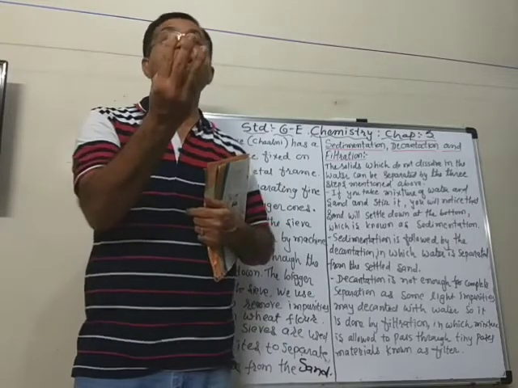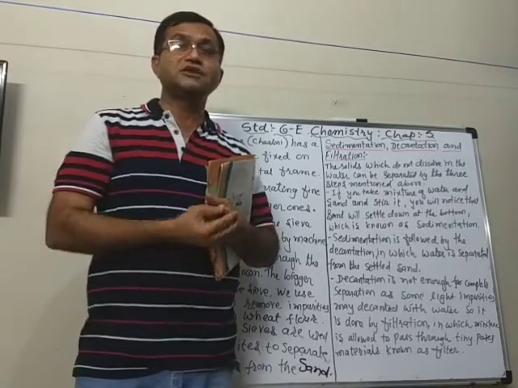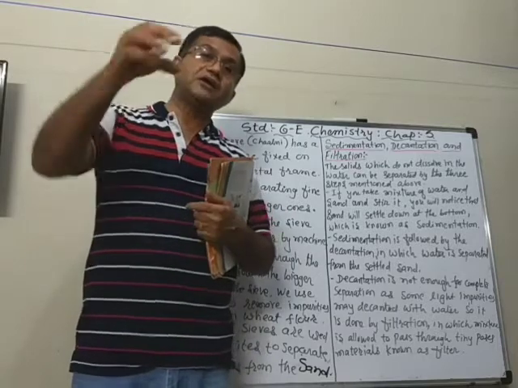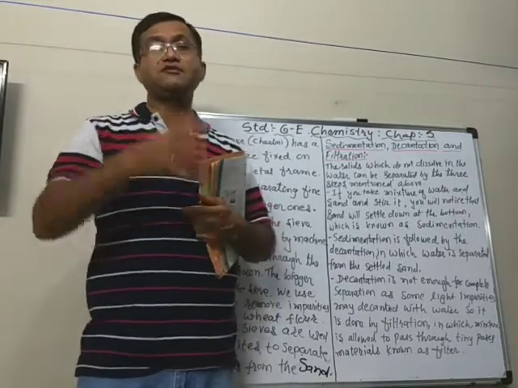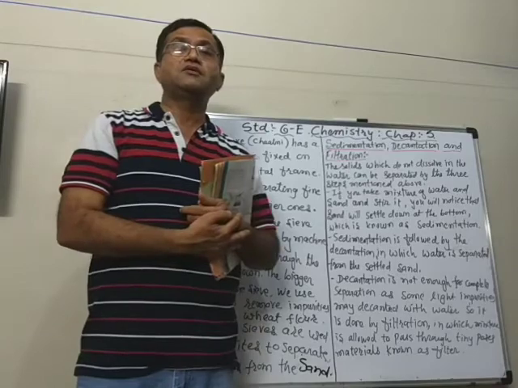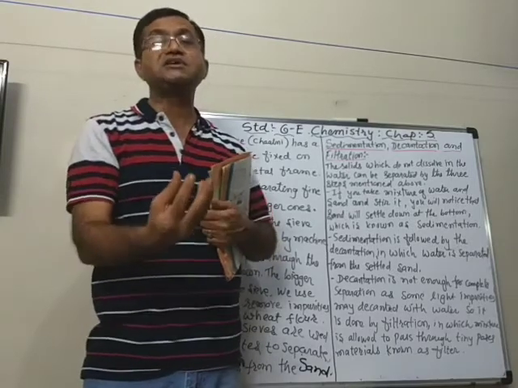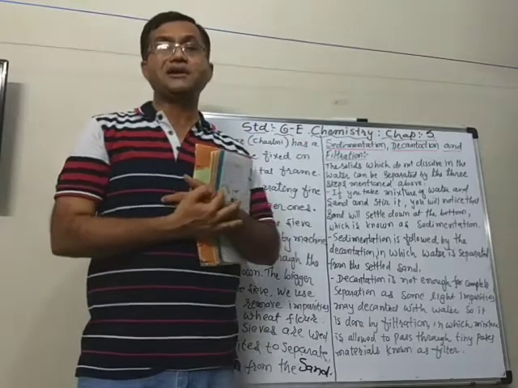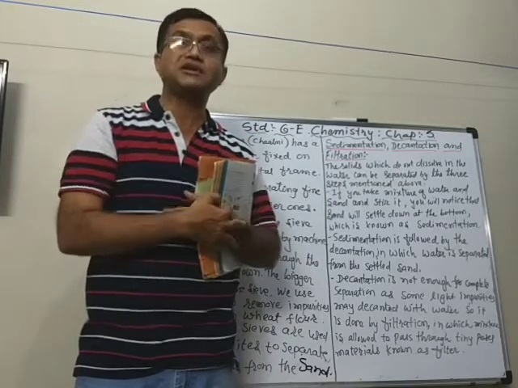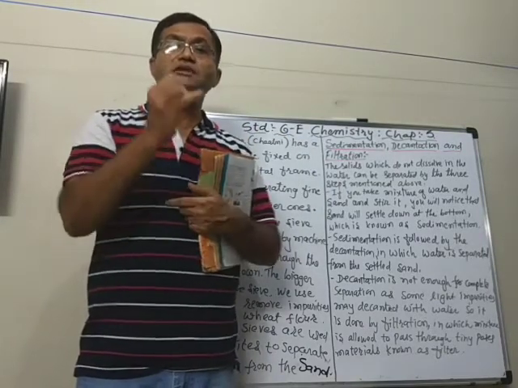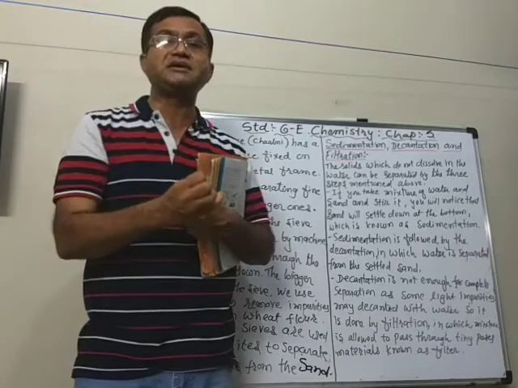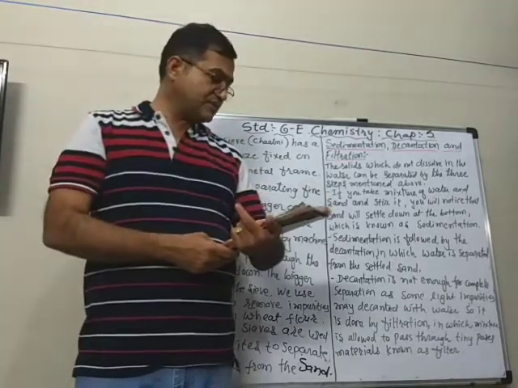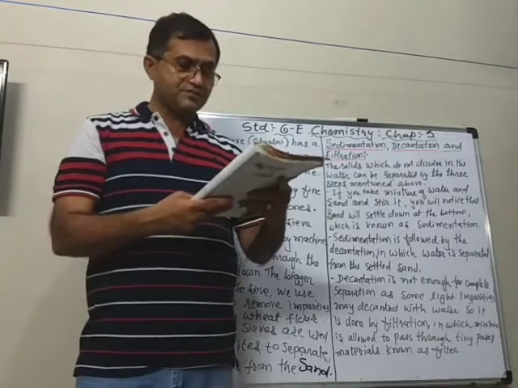So we take that strainer. It is like a filter, and through it we filter the tea so that no tea leaves fall into the cup. So here also the three methods, sedimentation, decantation and filtration, can be used.